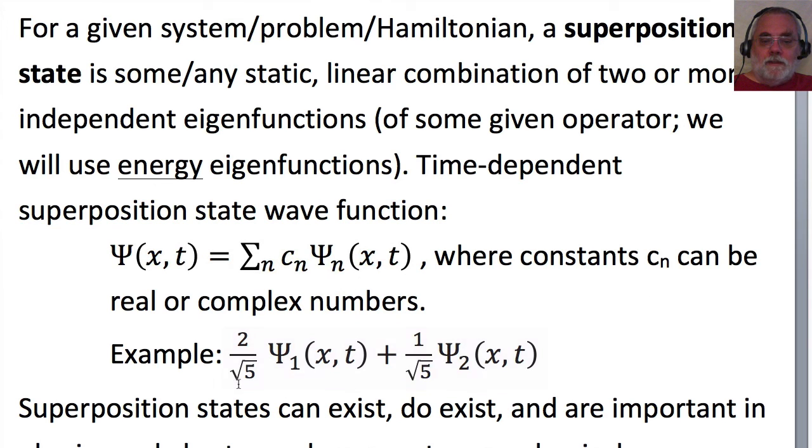An example is 2 over square root of 5 psi sub 1 plus 1 over square root of 5 psi sub 2 for a particle in a box in one dimension.